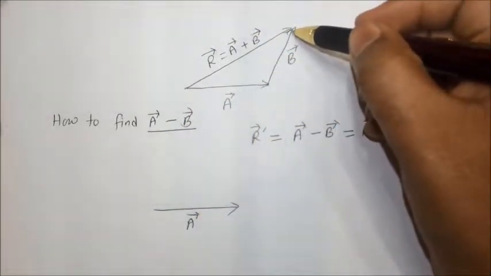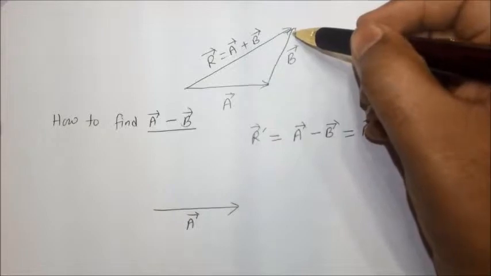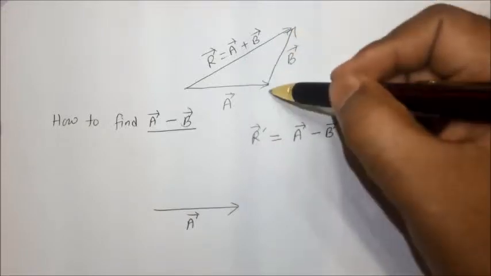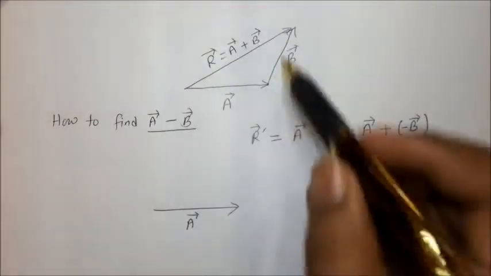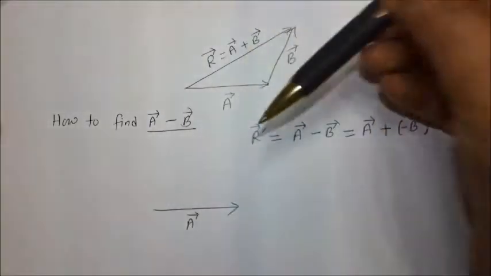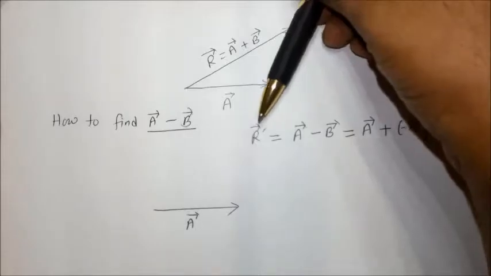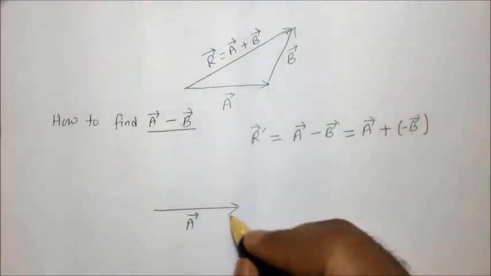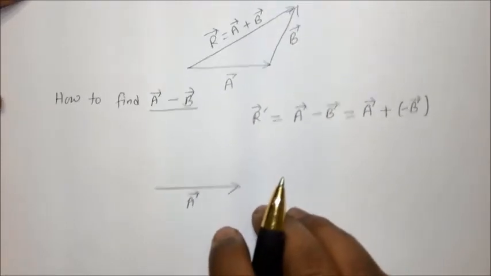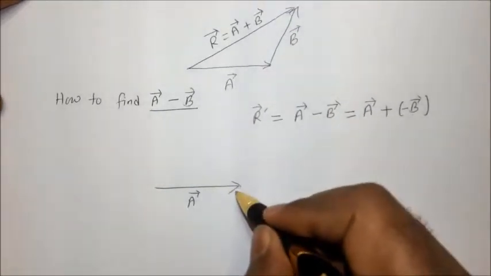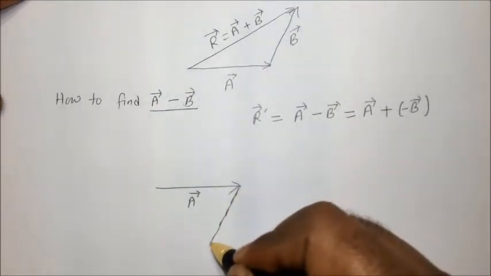So what would be vector minus B? Minus B will be exactly opposite to this. So if this is B, then minus B is going to be exactly opposite this way.